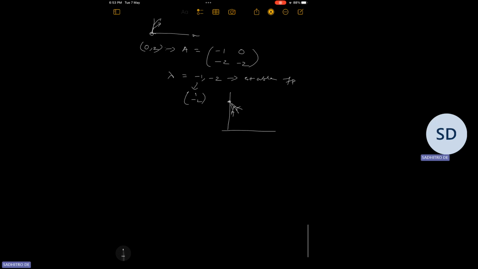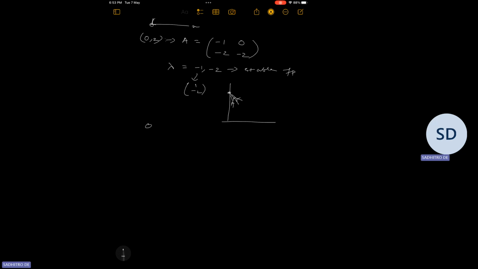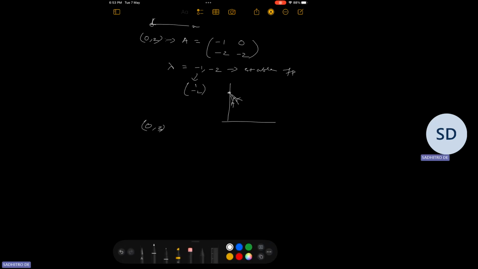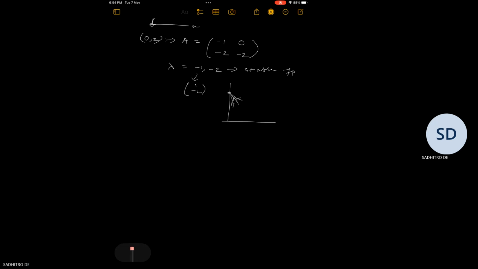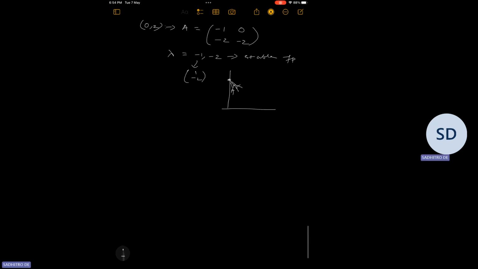The third fixed point is given by 0, 3. Sorry, it will be 3, 0. For this, the matrix becomes [-3, -6; 0, -1].